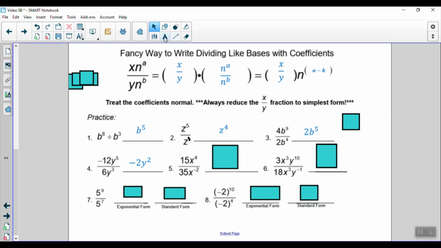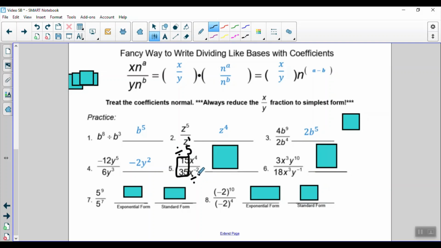So if you had the fraction of 15 over 35 without the exponents over here, like if you were just thinking about the number part, think about how you would simplify that fraction, right? We can divide by 5 on the top and the bottom.